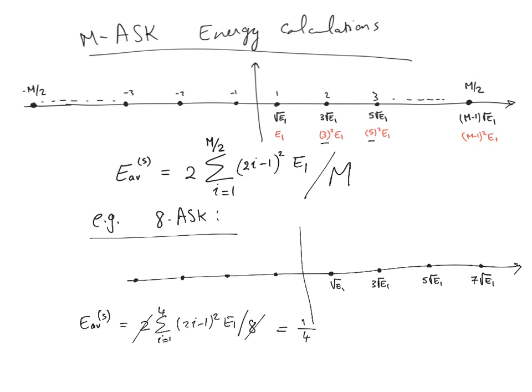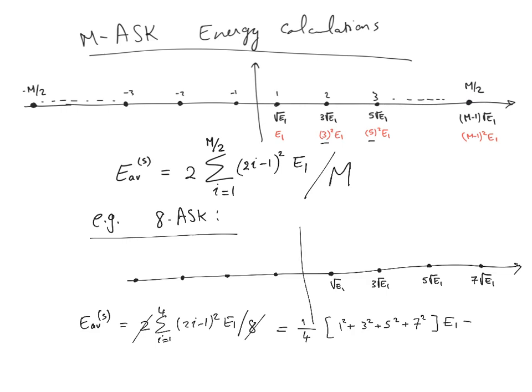And then, when I equals 1, 2I minus 1 is going to be equal to 1, so 1 squared, right, plus when I is equal to 2, that's 4 minus 1, 3, so that's 3 squared, plus 5 squared, plus 7 squared, right? And then all of this is multiplied by E1.